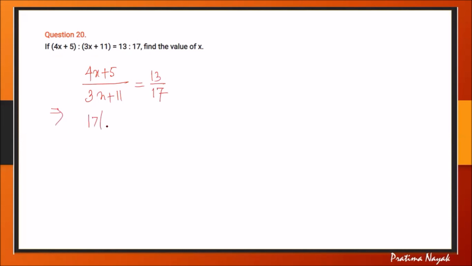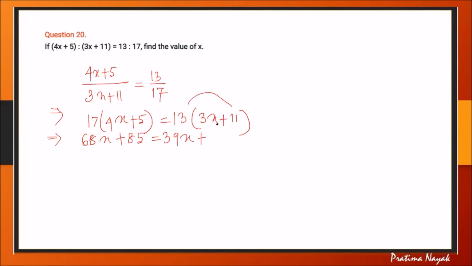You can check the answer only. 4x plus 5 is equal to 13 multiplies 3x plus 11, or 68x plus 85 is equal to 39x plus 13 multiply 11, 143.